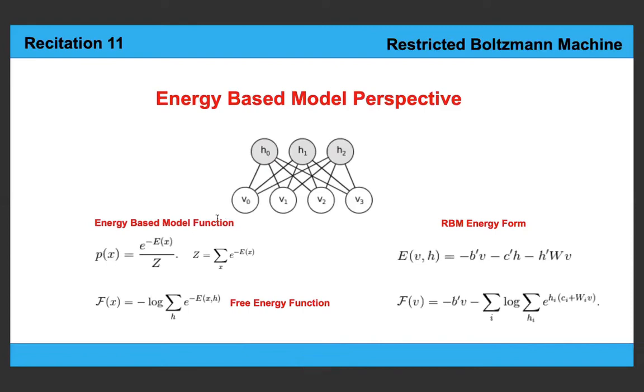So the energy-based model function can be interpreted as this. And this one is the free energy function as we have seen before, which is this one on the right.